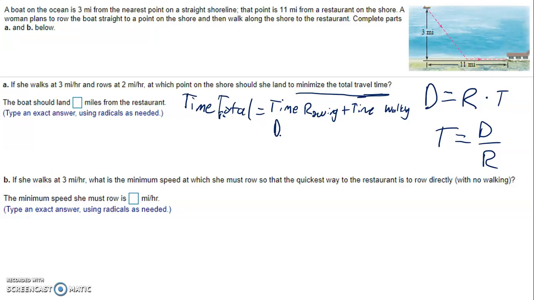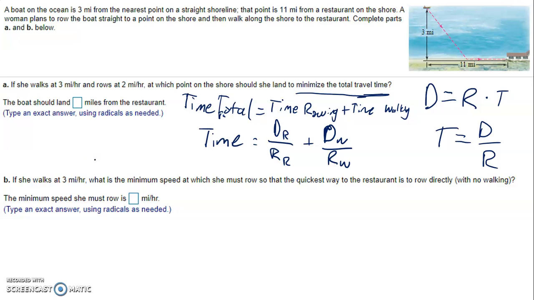So it's the distance rowing divided by the rate rowing plus the distance walking divided by the rate walking. Now we can find these distances from the picture, and the rates are given to us. We're going to take the derivative, set it equal to 0, and then solve for our variable. And I'll walk through it in a second.